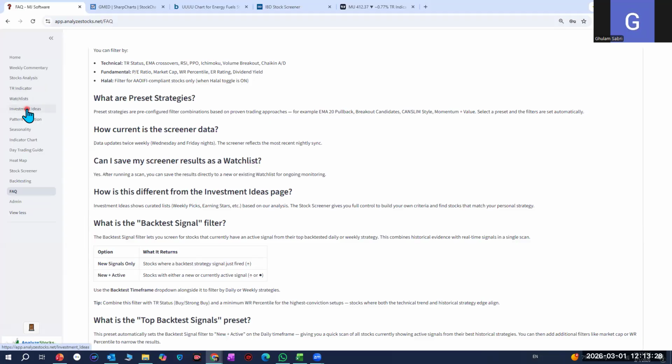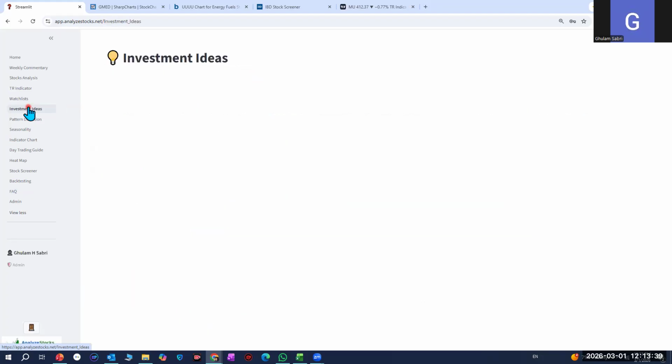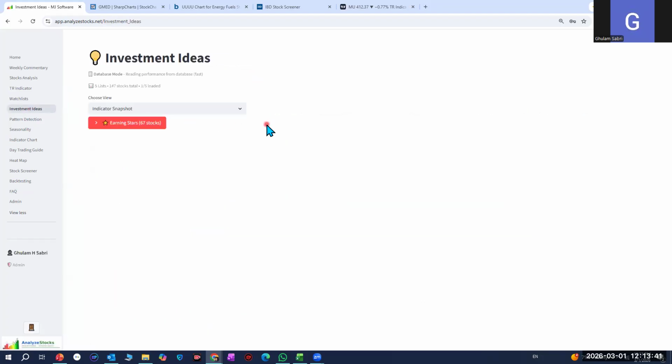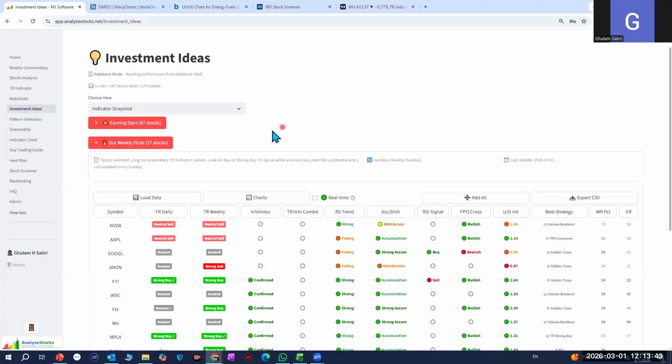So we have a page like investment ideas. Why are we calling it backtesting? Because we are backtesting these 12 strategies. Just give me a minute, it will be clear to you why we are calling it backtesting. In investment ideas, we have a continuously updated list, earnings start, which now has 67.